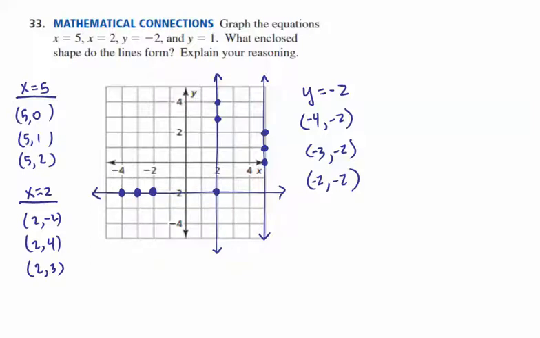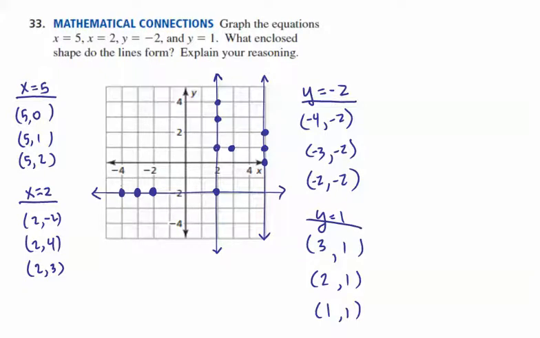Alright, and finally we have the line y is equal to 1. We want a number of points whose y-coordinate is 1. And so we have x is equal to 3, 2, 1. So x is 3, y is 1.